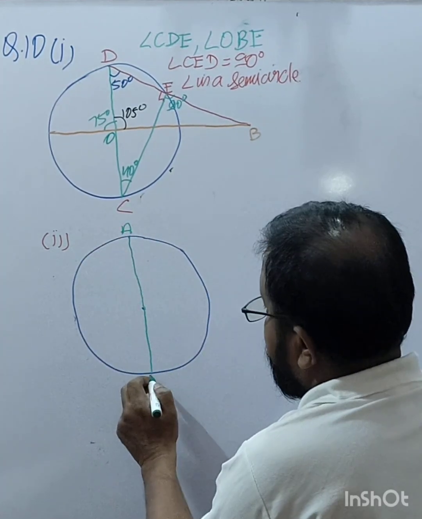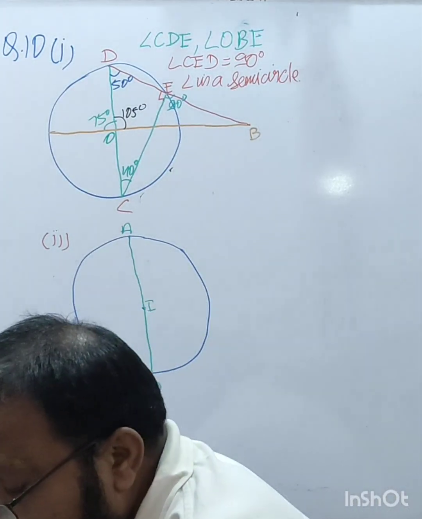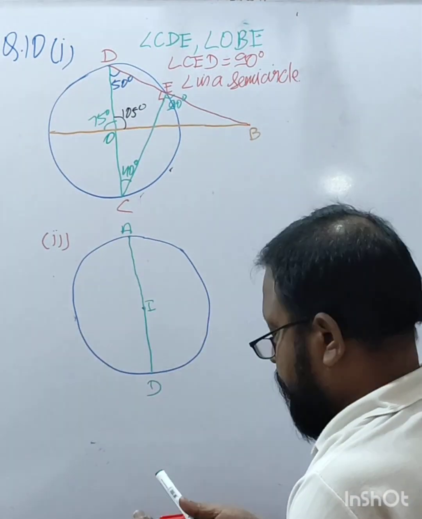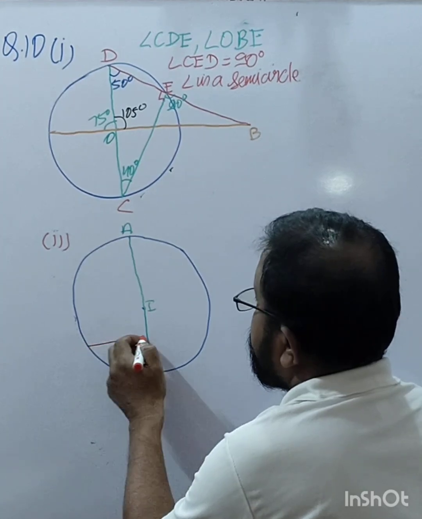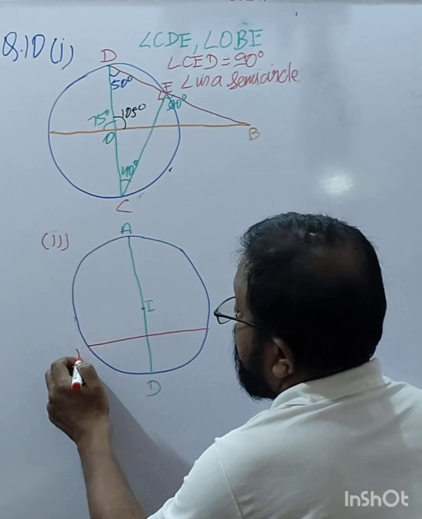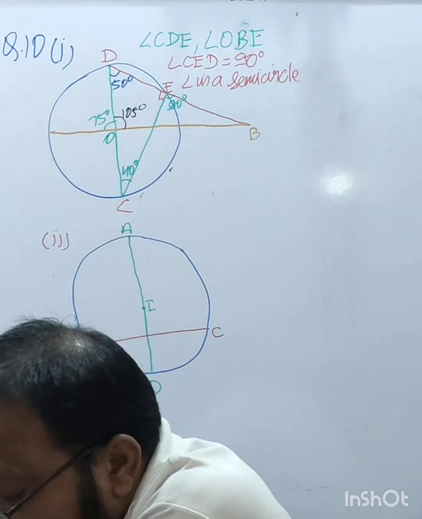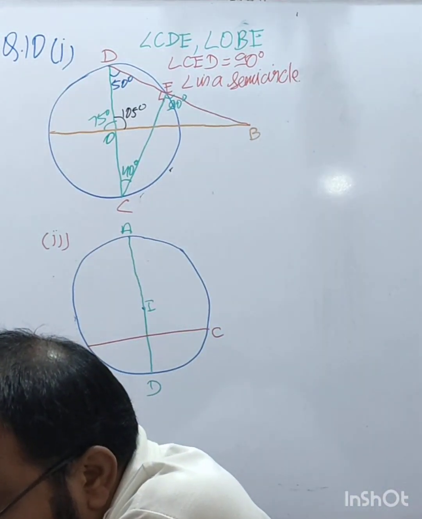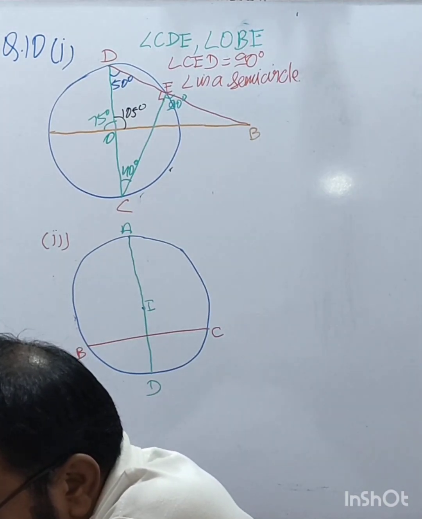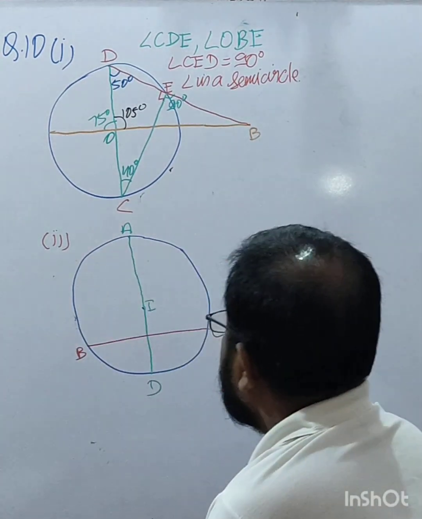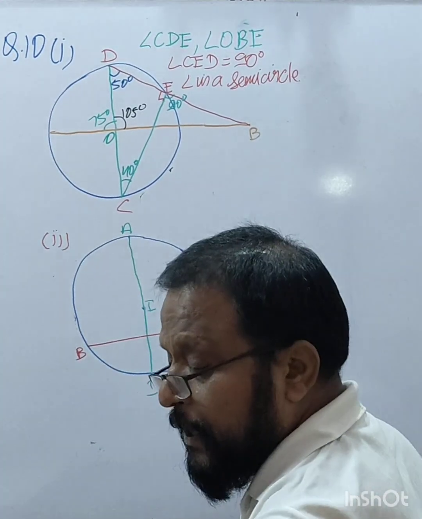This is AD. Center is O. And there is BC, a line like this, B and C. And it is joined like this.